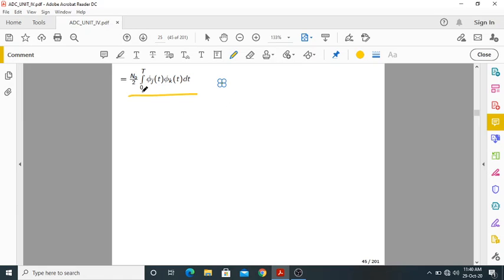N naught by 2 integration 0 to t, phi j of t, phi k of t dt. Now, when j is not equal to k, this is 0. Why? Phi j of t means the jth basis function, and phi k of t means the kth basis function. These are two different basis functions, and the integration of two different basis functions is 0 by the orthogonality property.